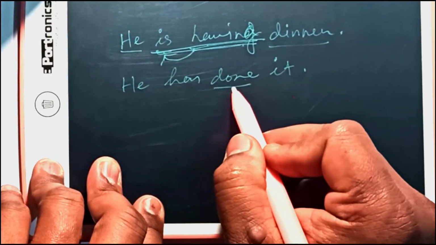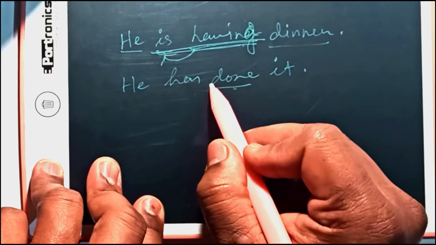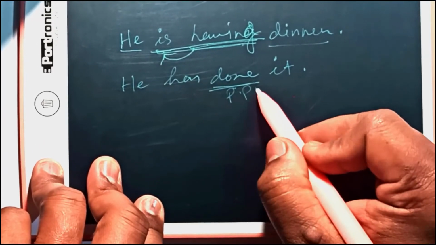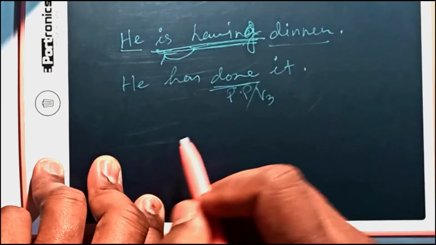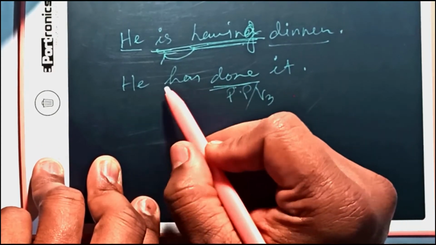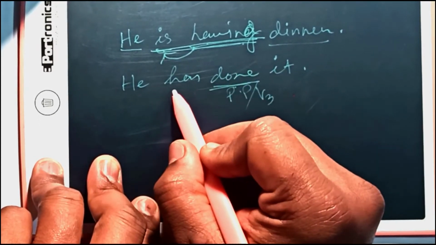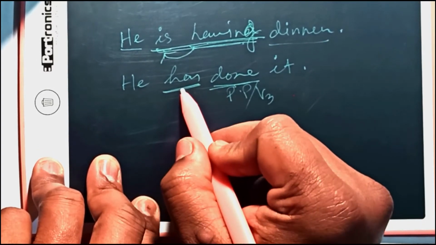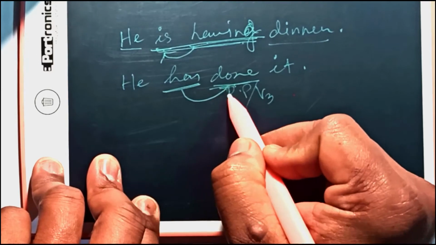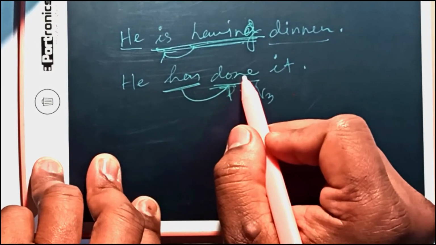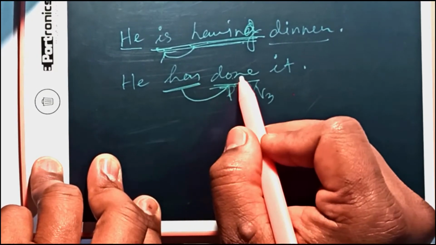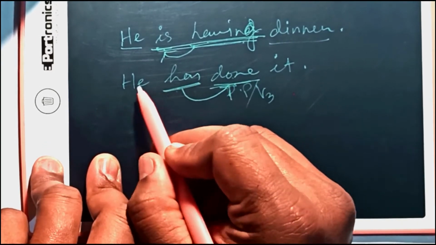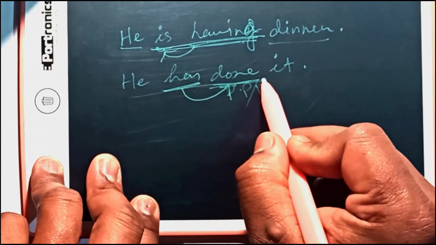Here also we have a past participle form, done, which comes from do, did, done. This is our past participle, or V3 form of verb, the third form of verb. Now he has done. When this auxiliary verb has accompanies this, or is helping the principal verb to sit well in the sentence, then with has or have or had, it becomes perfect tense. So he has done is a present perfect tense.